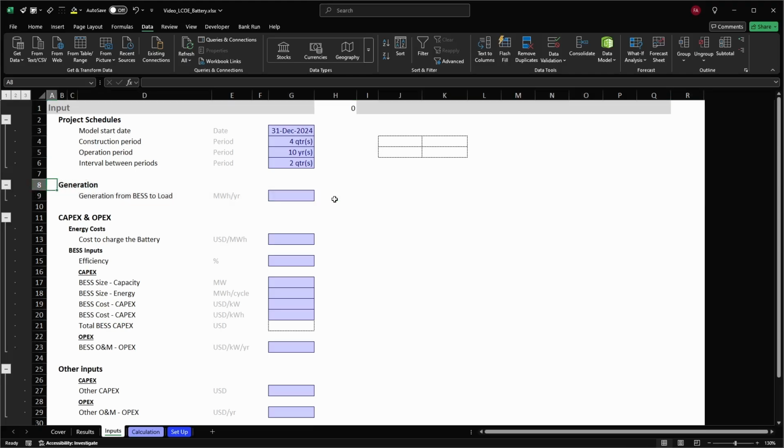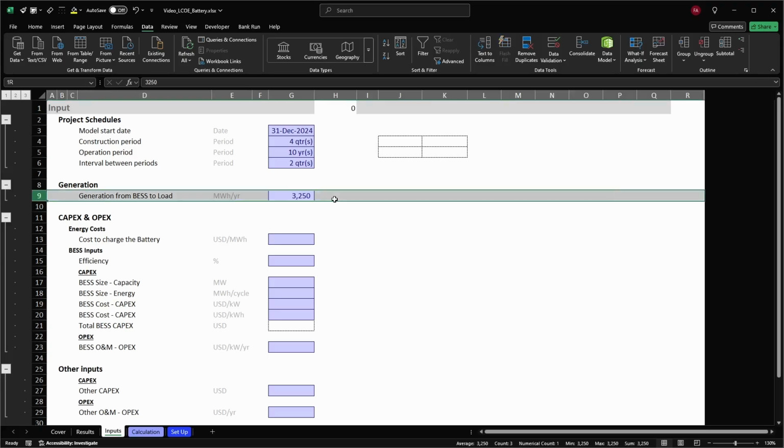So what we're going to do first is come up with how much generation goes every single year from the battery to the load. I'm going to just have here a number. It doesn't really matter what the number is, but I'm going to just leave this at 3,250 megawatt hours per year. And again, we're not considering anything other than discharging the battery.